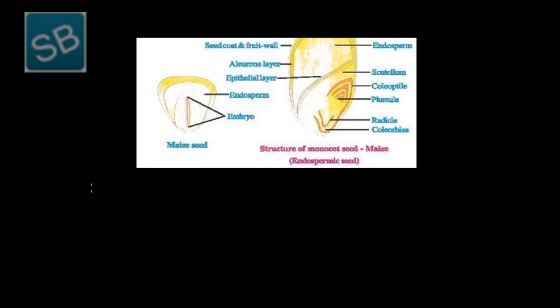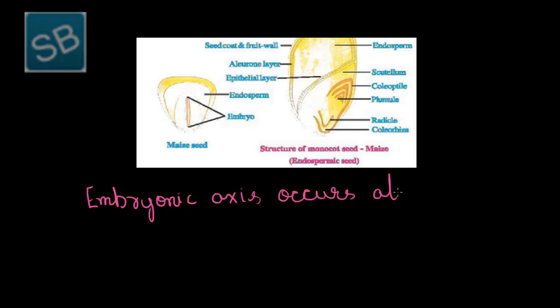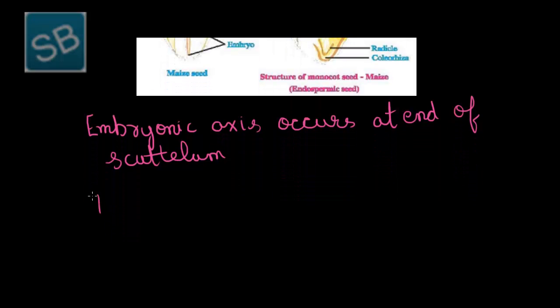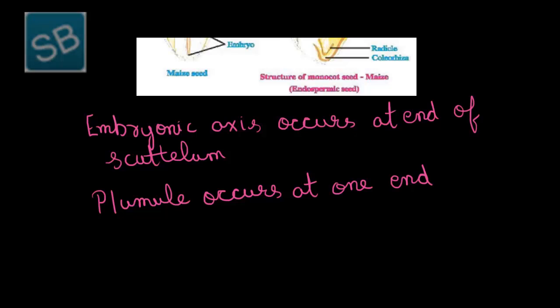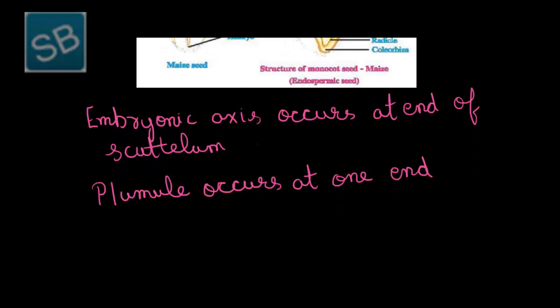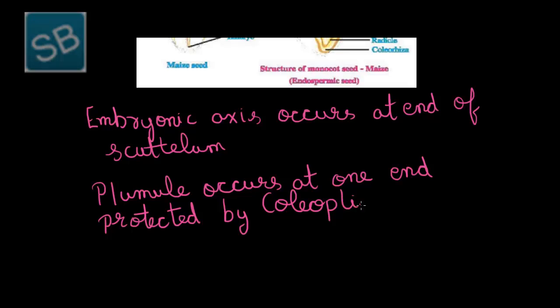Thus, the embryonic axis occurs at the end of the scutellum, out of which plumule occurs at one end, which is protected by coleoptile. And radicle occurs at the other end, which is protected by coleorhiza.